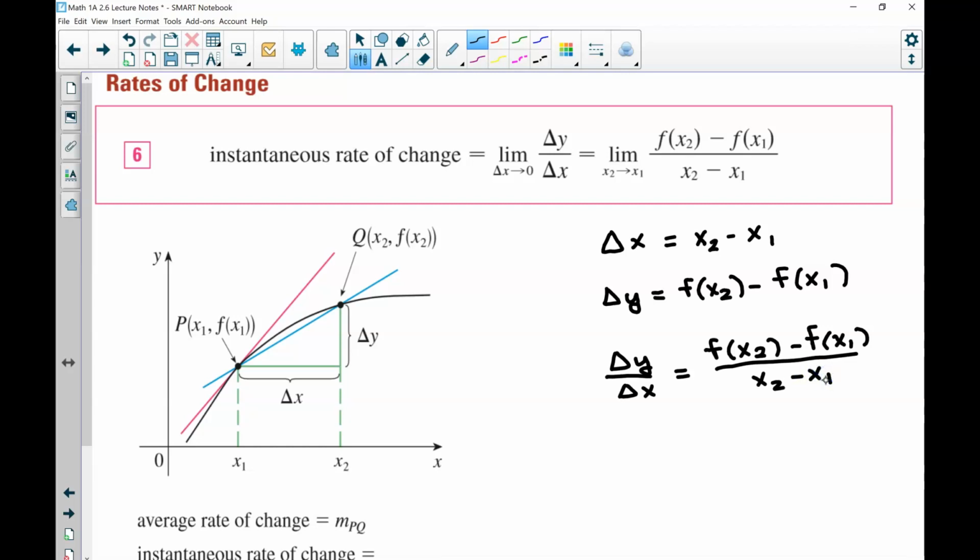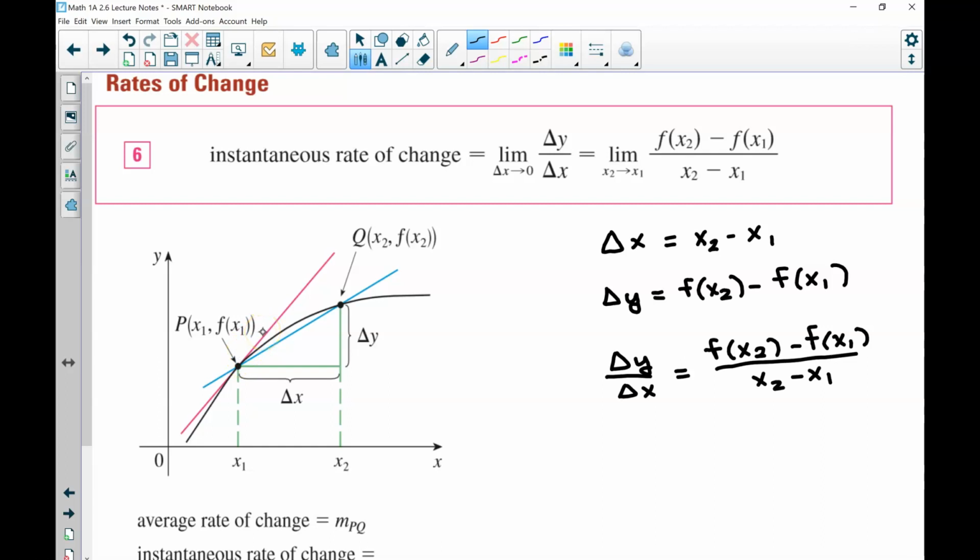And so what you can see now is that this is called the average rate of change of y with respect to x over the interval from x1 to x2, and can be interpreted as the slope of the secant line. In this figure, you can see that that is the slope of the secant line.